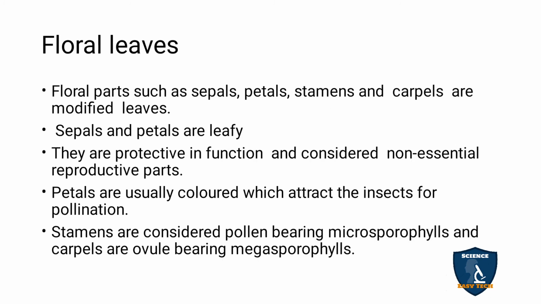Floral leaves. Floral leaves are sepals, petals, stamens and carpels. These are the modified leaves seen in the floral parts. The sepals and petals are leafy in structure and are the non-essential parts, giving protection to the essential parts like the androecium.